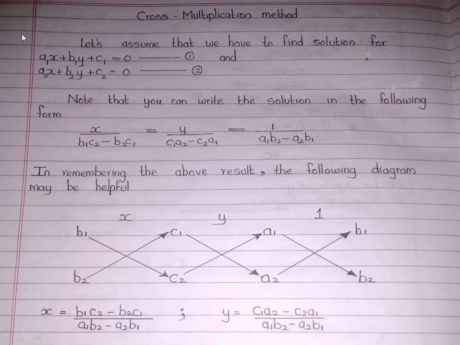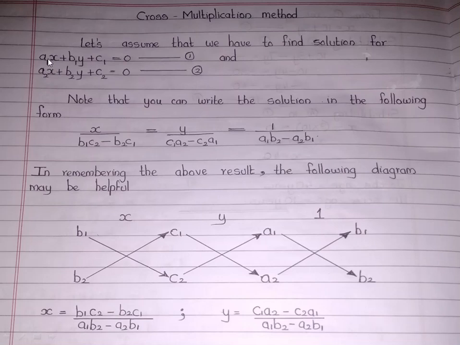You know the general form of a pair of linear equations is a1x plus b1y plus c1 equal to 0 is the first equation and a2x plus b2y plus c2 equal to 0 is the second equation.